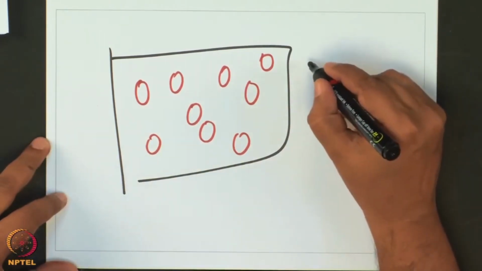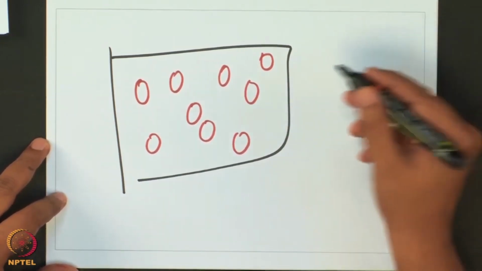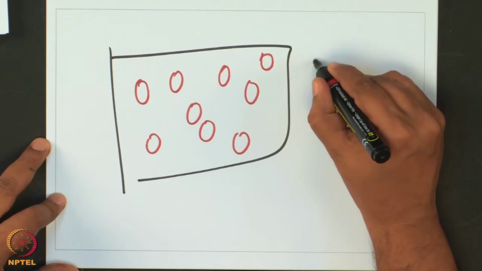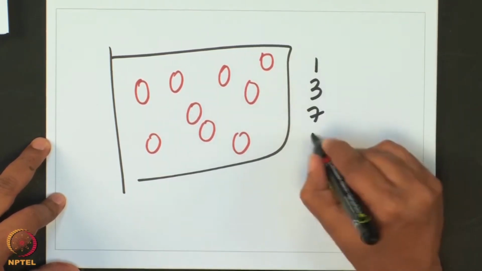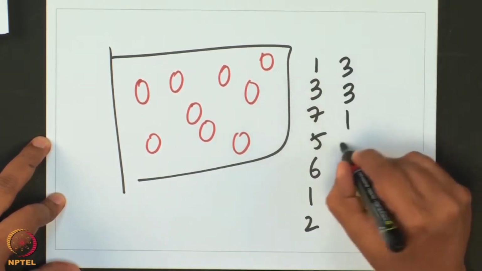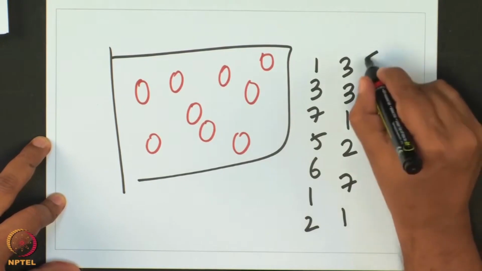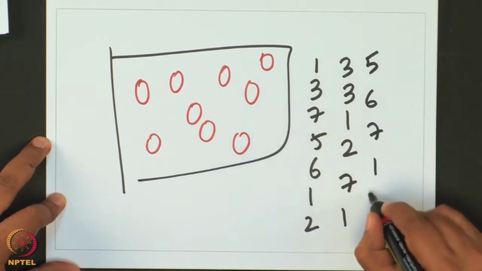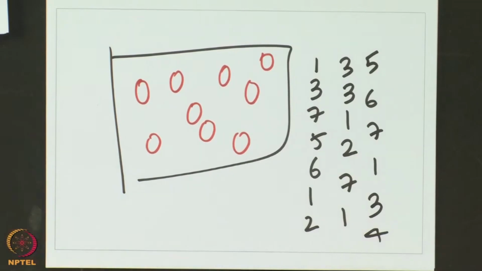Let us say the concentration is in micromolar or nanomolar, but it could be like 1, 3, 7, 5, 6, 1, 2, 3, 3, 1, 2, 7, 1, 5, 6, 7, 1, 3, 4. You would get a similar set of numbers from any other health related quantity, or any quantity that you measure in a particular experiment. Whatever the quantity that you measure, you would get a set of numbers for a population.